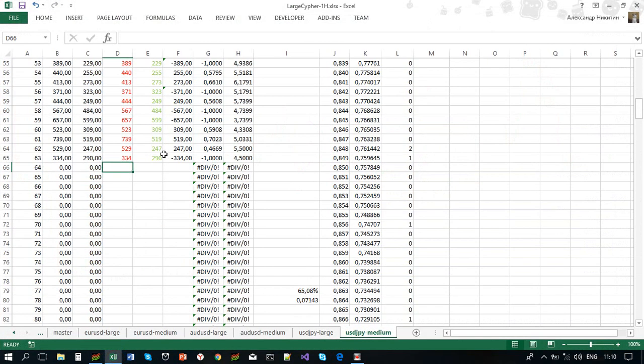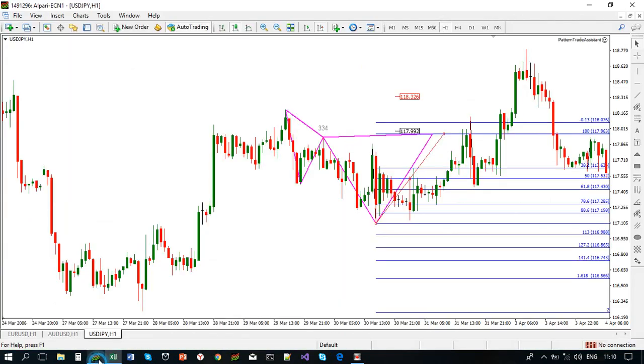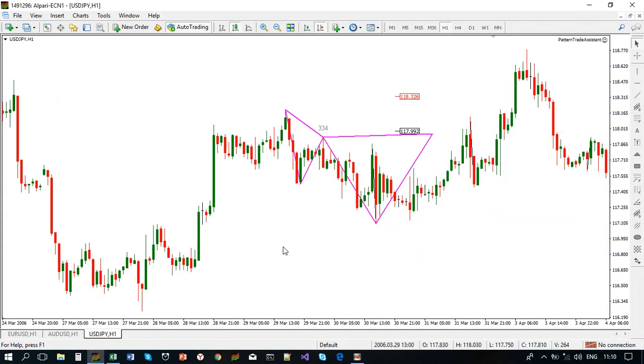Yes, 32.9 versus 36.1. 36.1 is the stop loss. It is red, and 32.9 is green take profit. And right now it is a take profit. Not always they are winners. For now it says that only 65% of all trades are winners.